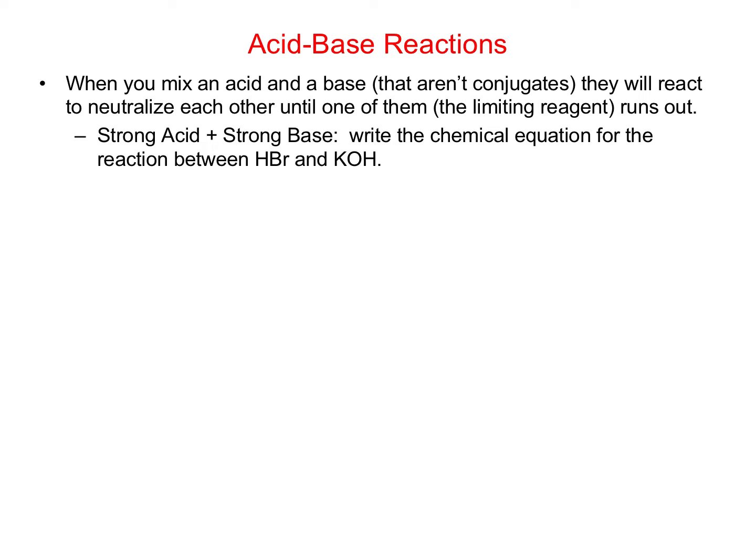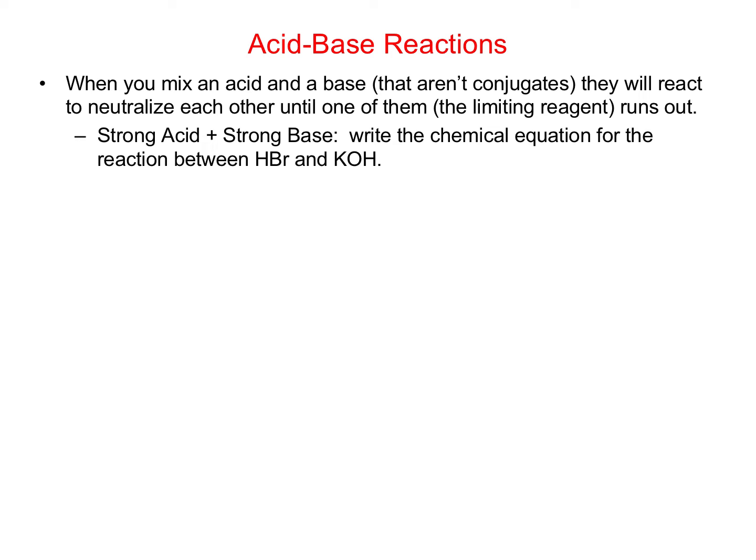So in our first example here, we have the reaction between hydrobromic acid and potassium hydroxide. Hydrobromic acid is a strong acid, and potassium hydroxide is one of our strong bases. So we could write the reaction using the reactants HBr and KOH, but I'm actually going to encourage us not to do that.